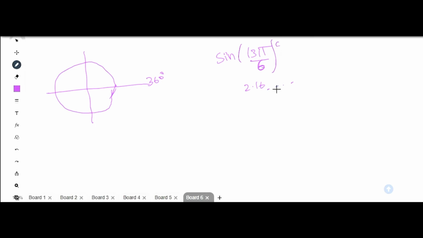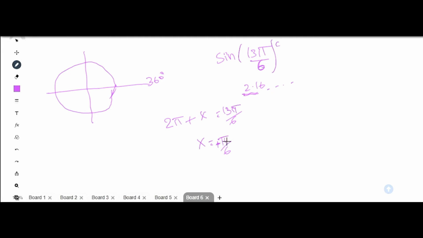So in the initial days when you're practicing, you won't know what to subtract. So I always say, because you're crossing 2 pi, 2 pi plus x should be equal to 13 pi by 6. So what is the value of x? It is 13 pi by 6 minus 12 pi by 6, that is pi by 6.